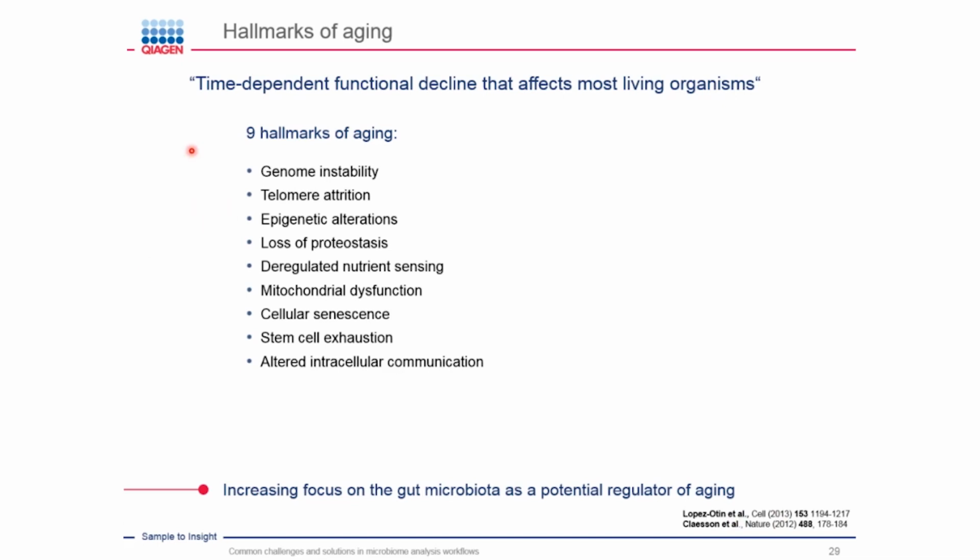It was found that cells, when they're aging, get more and more genome alteration. So the genome instability is increasing. Telomere attrition is seen. So your telomeres are shortening and your cells cannot replicate anymore. Your methylation patterns are changing. So you have epigenetic alterations in your DNA. And there are many other processes in your body which are affected.